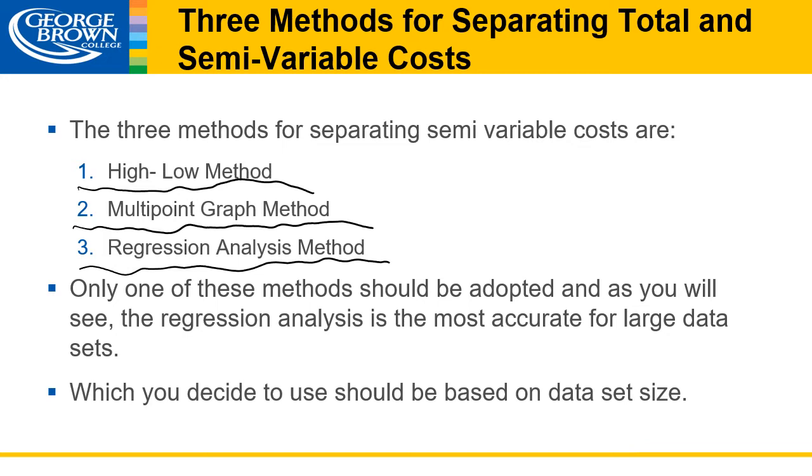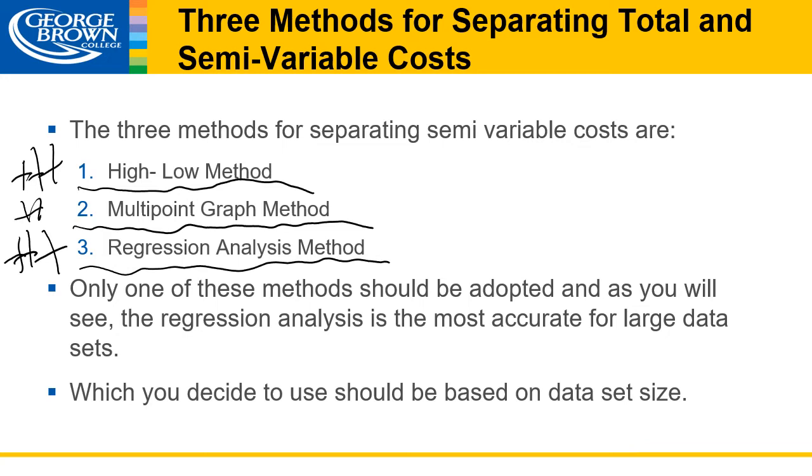You really only need to use one of these methods, but as you'll see, some of them are more accurate than others. But ultimately, whichever one you decide should be based on the data set size that you're using. For example, regression is probably the most accurate. Next would probably be the high-low method, and then lastly the multi-point graph method.